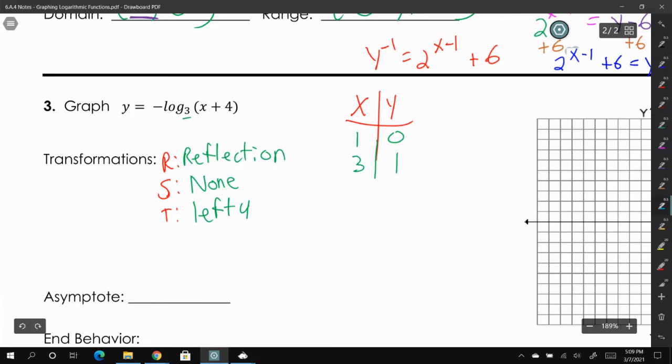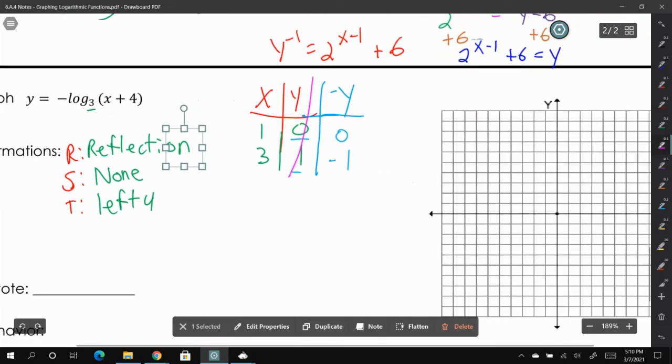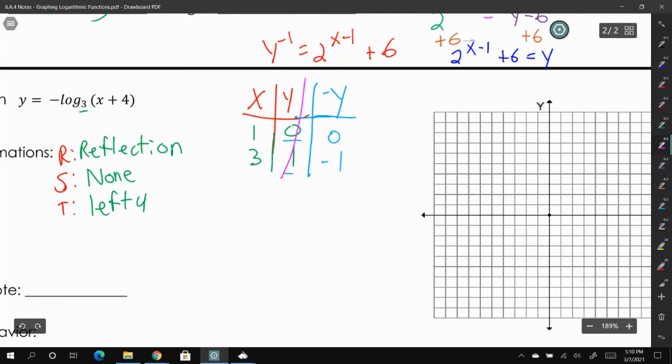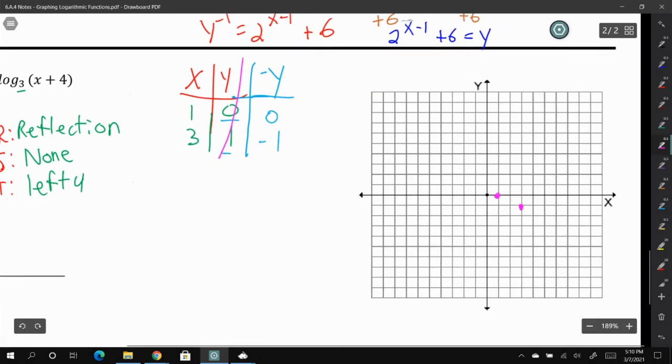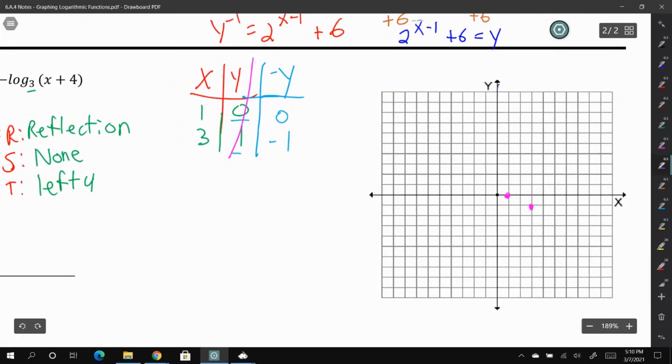Now that negative sign in front, you can make a third row for negative y and take each of the y values and multiply by negative 1. Ignore the middle row. And we're going to graph 1, 0 and 3, negative 1. So what this will look like now is your graph is going to go this way.